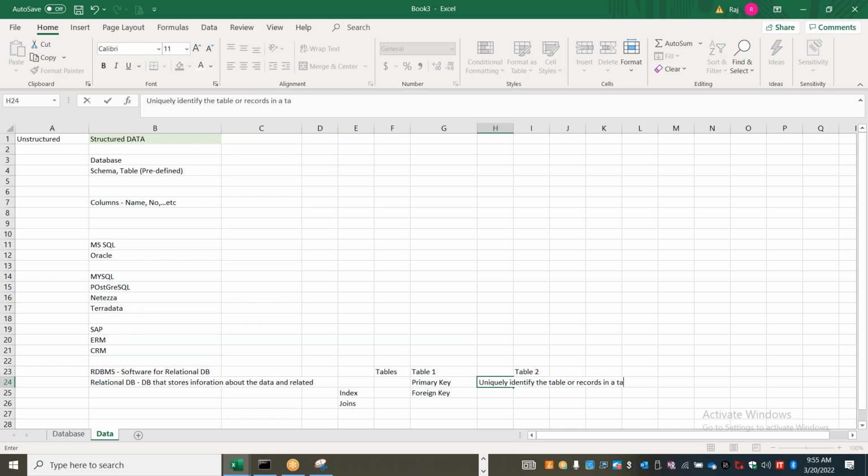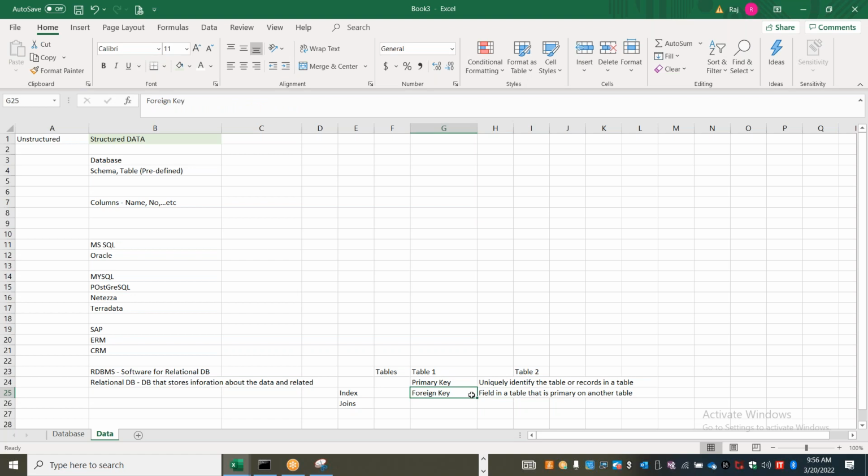And a foreign key is a field in a table that is the primary key of another table. That's why it is called foreign key. There is an entry, but that entry references a primary key in a different table, the other table I'm going to connect. So the relationships are maintained between the primary key in one table and the foreign key in another table. A foreign key is a key that is used to link two tables together.